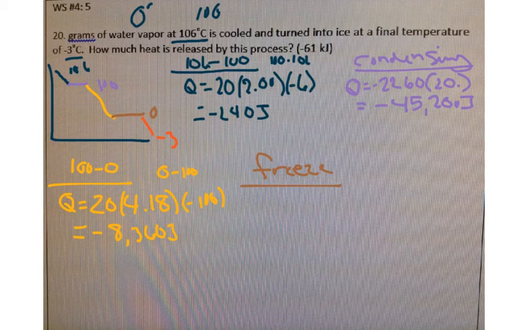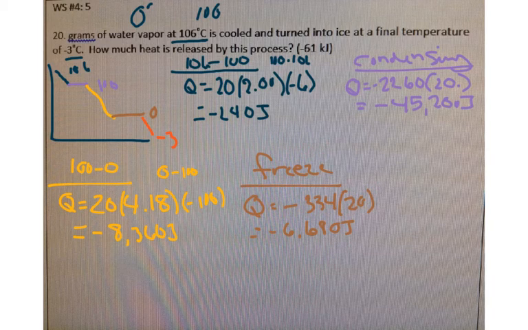So my H value will be the negative of that. Q equals negative 334 for water times my mass, which is 20, and when I multiply this out I get negative 6,680 joules.